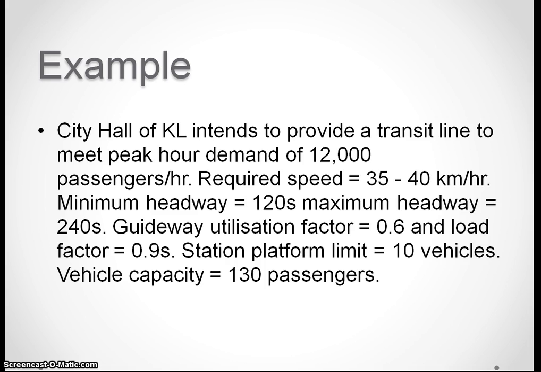Guideway utilization factor is 0.6, load factor 0.9. Station platform is limited to 10 vehicles, and vehicle capacity is 130 passengers. So this is a typical LRT service in Kuala Lumpur.